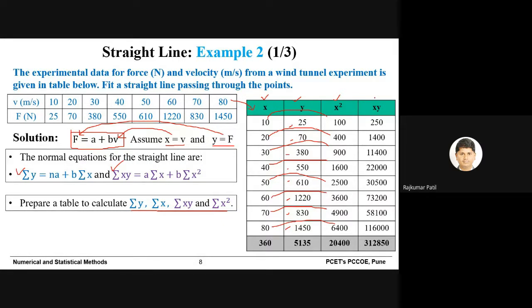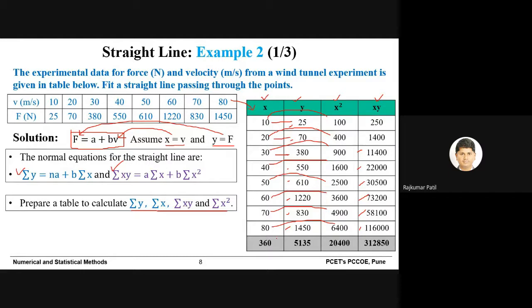Then the last column is xy. So 10 into 25 is 250, 20 into 70 is 1400, and similarly you can calculate the remaining values and complete the last column, that is xy.